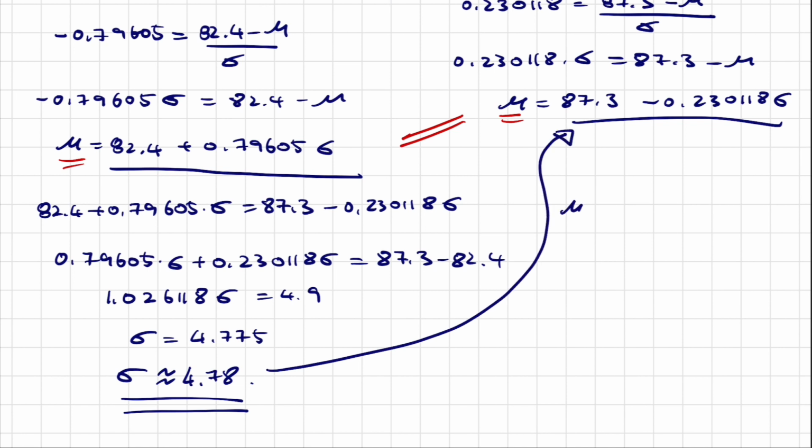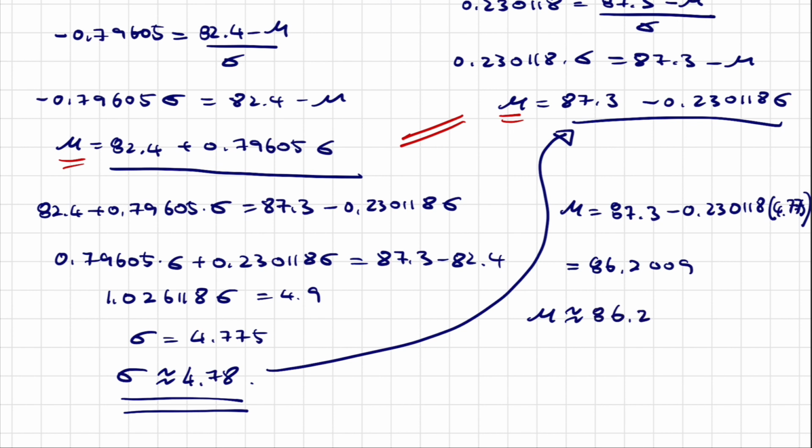Then the mean value is equal to 87.3 minus 0.23018 times 4.775. Then this is equal to 86.22009. So we can say the mean value is approximately equal to 86.2.